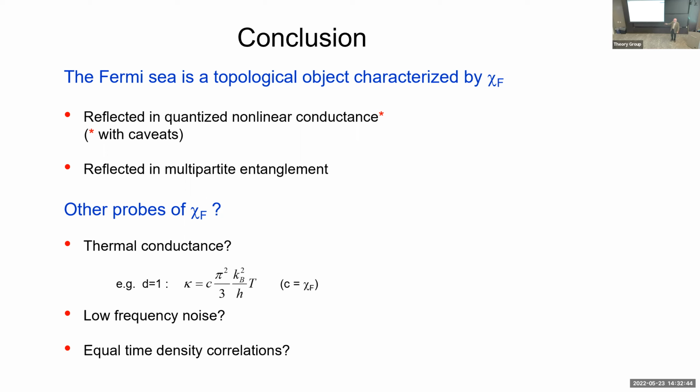That would be an interesting thing. Can one measure low frequency correlations in the charge? Are there noise measurements that could reflect this quantity? Or, as I said, equal time density correlations. Maybe one can do some version of X-ray scattering to measure the universal topological correlations in a Fermi gas. So thank you very much.